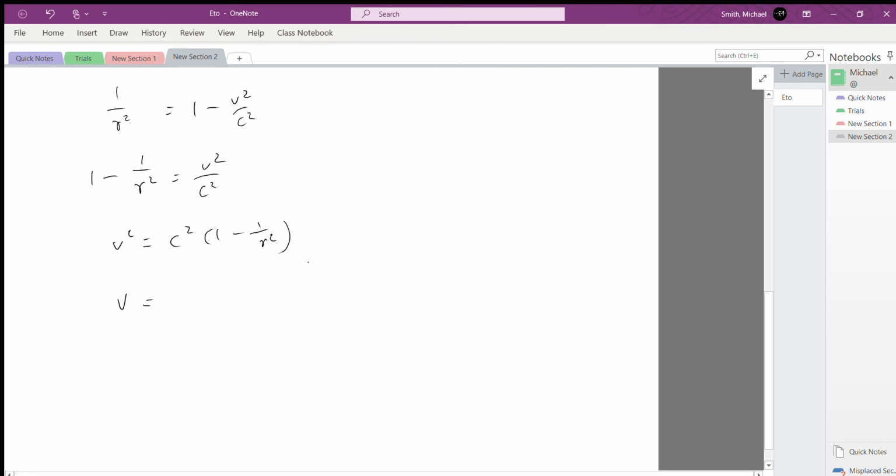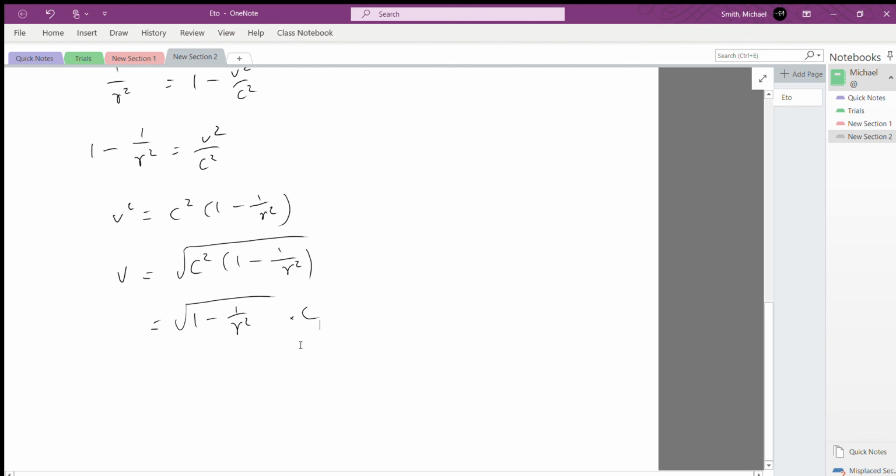So I'm going to add an extra step in here. This is correct, but it looks a bit messy, so we can just rewrite this as the square root of 1 minus 1 on gamma squared, multiplied by c. So now if we just substitute our Lorentz factor value, we get our final speed in terms of c rather than having to include it in our calculation.